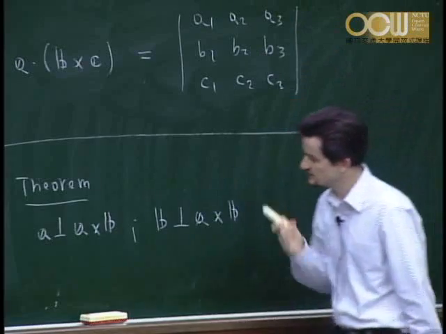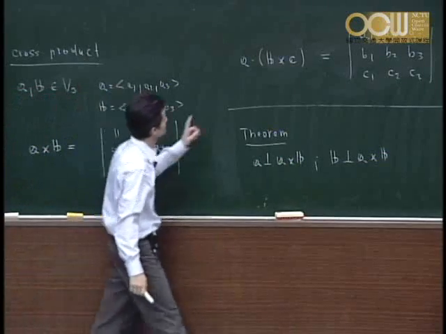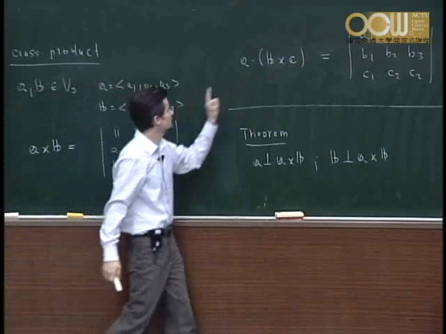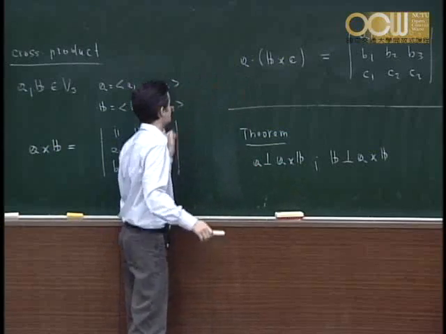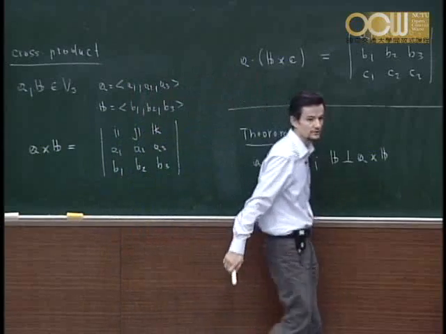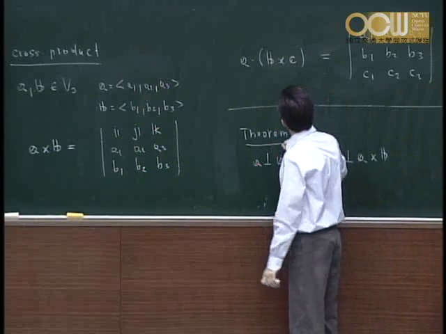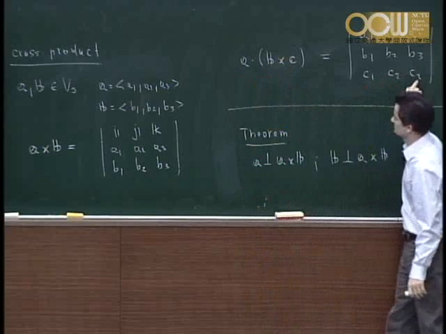Because in order to compute this, you have to replace I by the first component of A, J by the second component, K by the third component. That's the definition of the dot product. So if you take first the vector product and then the dot product with A, what you get is this here.